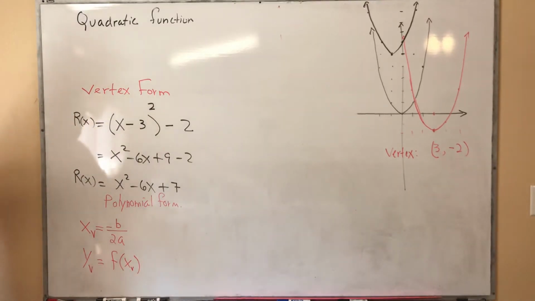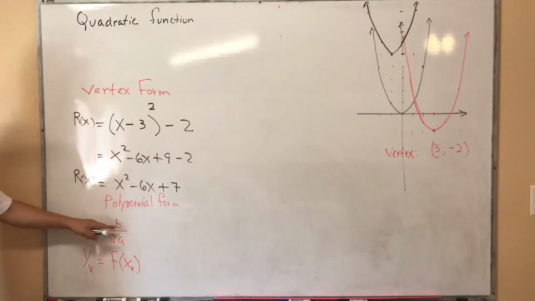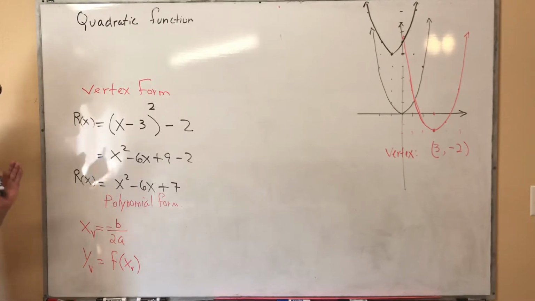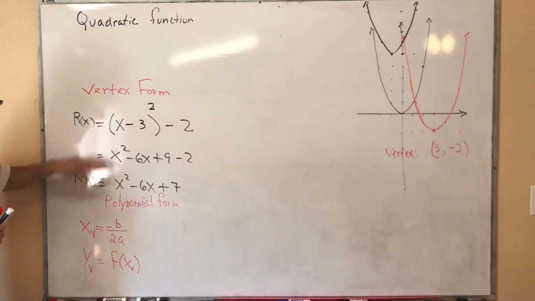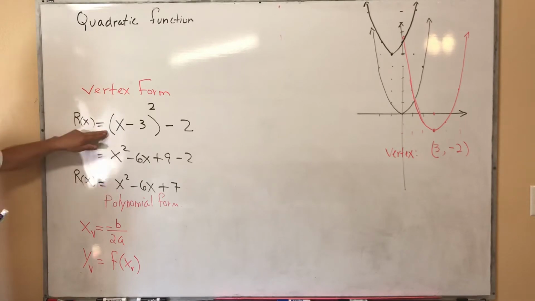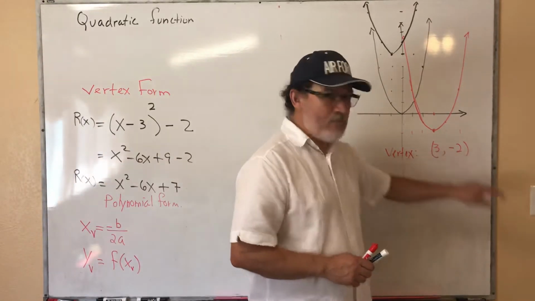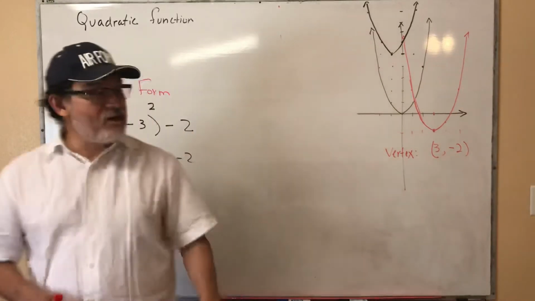Okay? In other words, I'm gonna plug in b and a in this formula, and I'm gonna get the x-coordinate of the vertex for this one. It's gonna be the same as this one, which is right here. The formula better give me that.